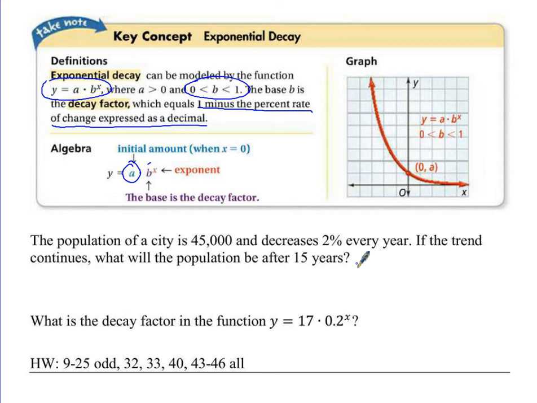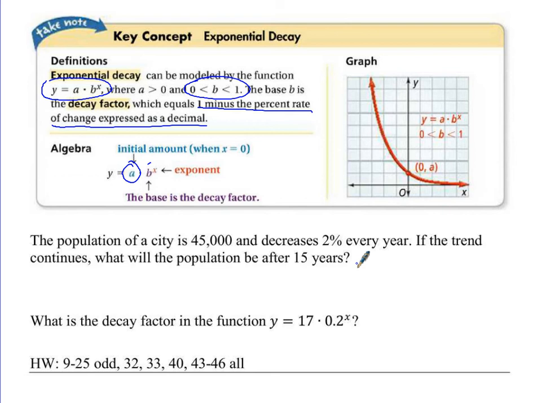Okay, the population of a city is 45,000 people, and it decreases 2% every year. If the trend continues, what will the population be after 15 years? So if we're losing 2% every year, then we can think of that as saying, well, how much of the population is remaining every year? If we're losing 2%, then how much is remaining?